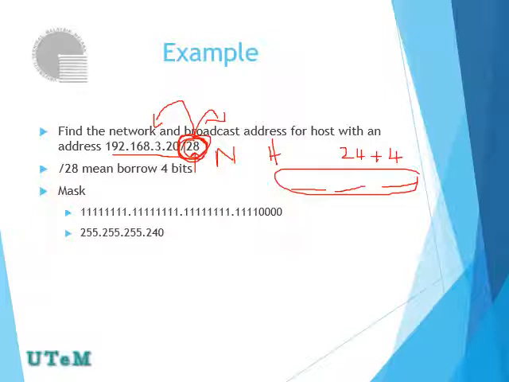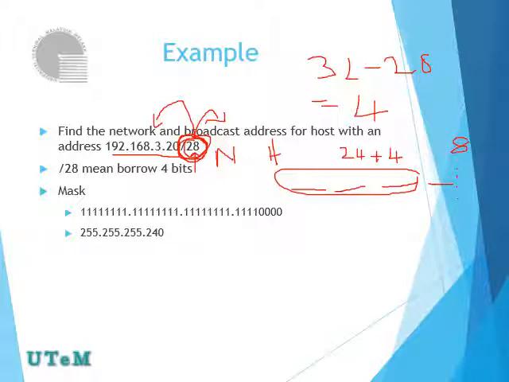Or you can use 32, the total bits, minus 28 ones, which equals 4, isn't it? So there are another 4 bits, and the last octet will be divided into 2 parts, because the total is 8.